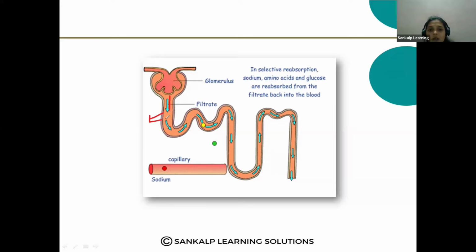So the tubular part of the nephron absorbs all these needed nutrients, and the nitrogenous waste is excreted into the collecting duct. So this is how the formation of urine takes place in the nephron. Very important for your board exam.